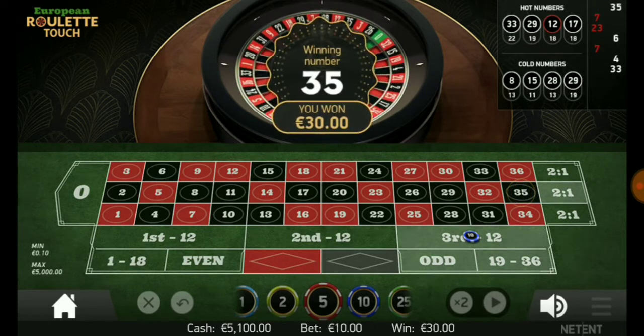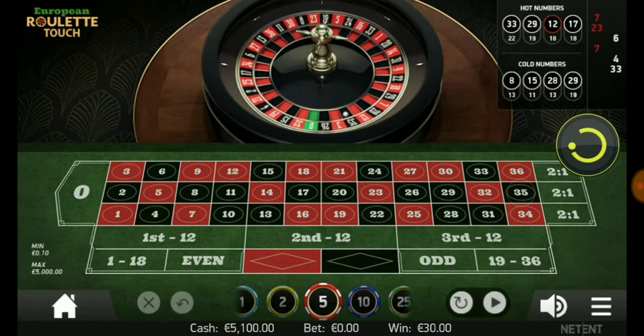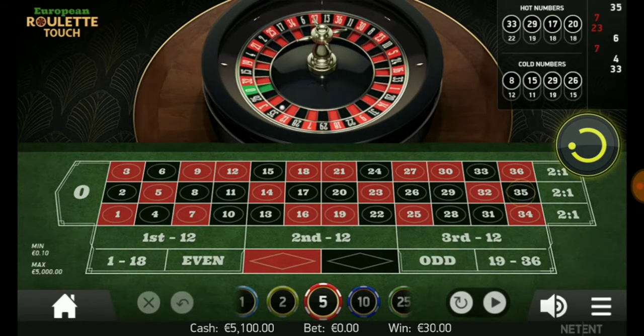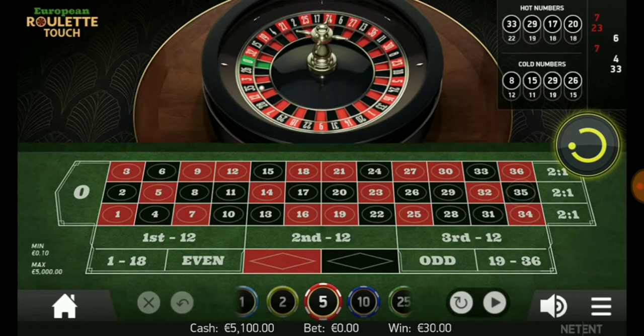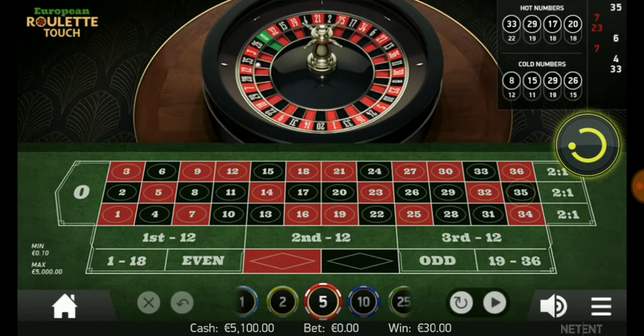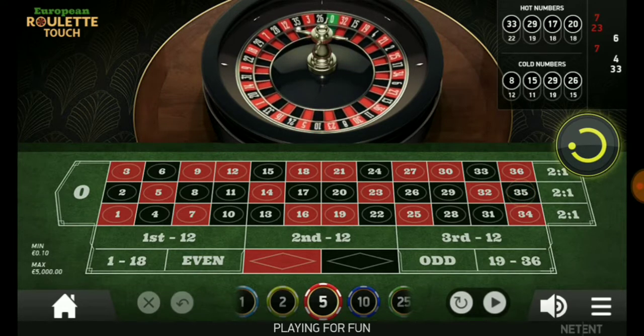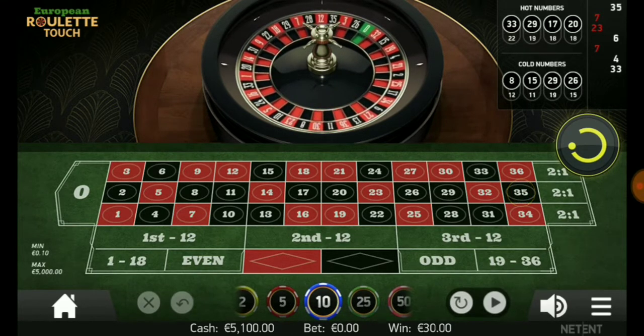The winning number is 35 black. That's right. So I just made 1, 2, 3, 4, 5, 6, 7. In 7 spins, I just made 100 euros. So now I'm going to select the same third dozen, but this time the bet will be 10 euros.